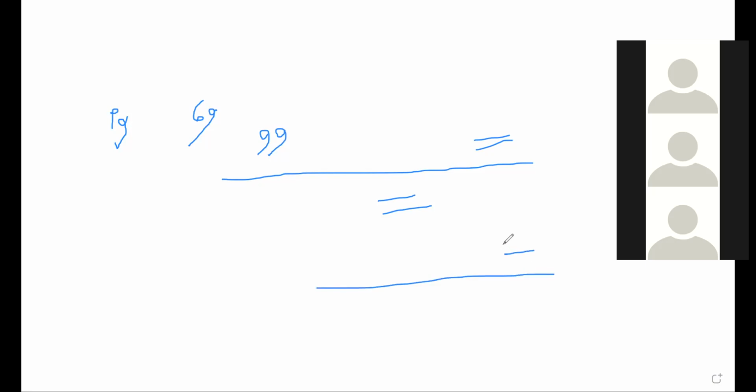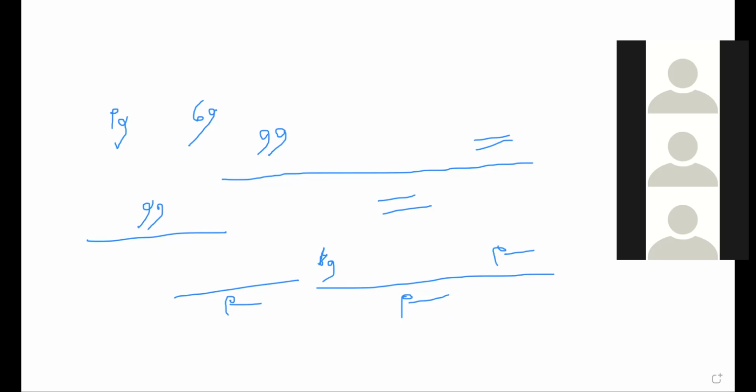Fatha turning, I can write like this as well. I can write kasra turning like this. I can write dhamma turning like this. So don't be surprised if somebody writes dhamma turning like this. It's still dhamma turning. Don't be surprised if somebody writes kasra turning like this. We're coming to that in the Quran, inshallah. So please make sure you know that it can be written in different forms.